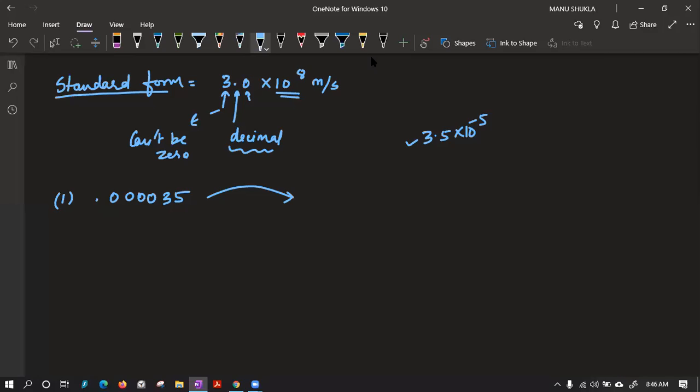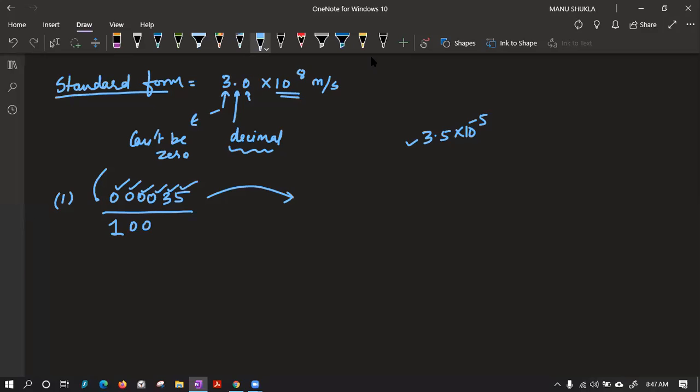If we go by the normal method that we have learned, what will we do? We will remove the decimal and we will write like this. Suppose you remove the decimal, we have learned for this decimal we get a 1 in the denominator. After that we count the number of digits, 1, 2, 3, 4, 5 and 6. There are 6 digits.